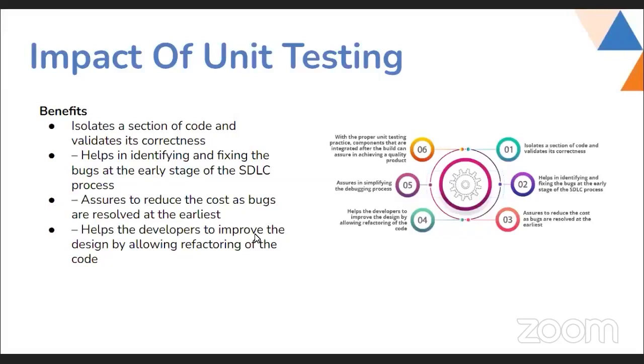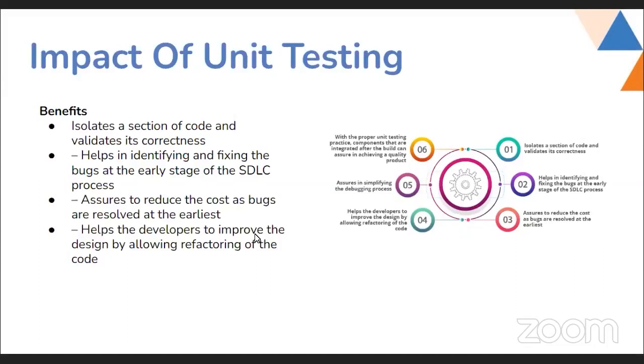The second benefit is that it helps in identifying and fixing bugs at an early stage of the software development lifecycle. That means it helps identify all kinds of issues with the software at a very early stage, so that developers can fix those issues at the first stage of development.